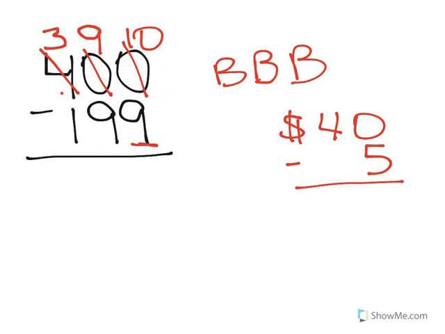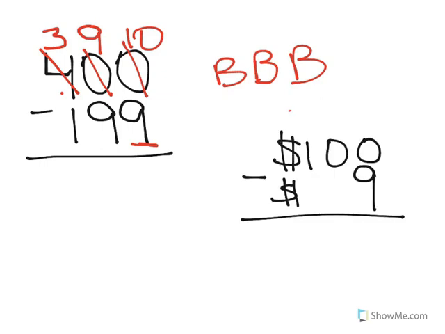actually, let me show you a better example. Okay, so this is going to be a little bit better of a problem to show you. To put it in perspective, let's just say you go to the store with a $100 bill, and you want to buy a pair of shoes that costs $9. Well, the reason we borrow across zeros is because look and see what happens.